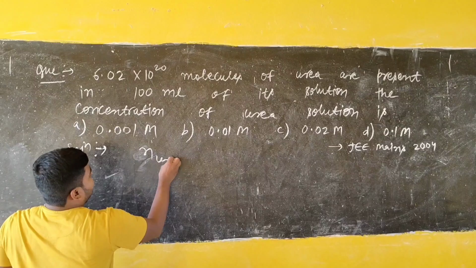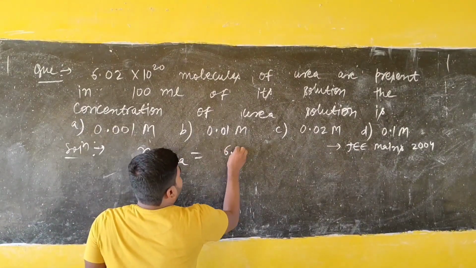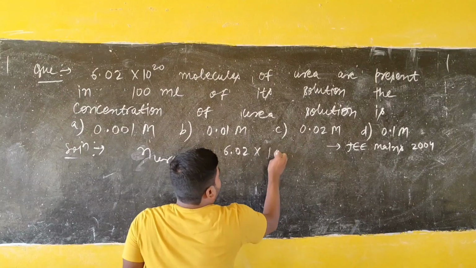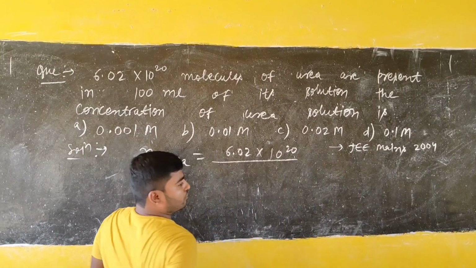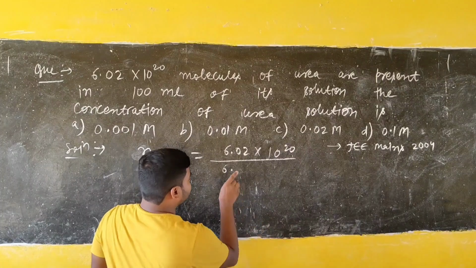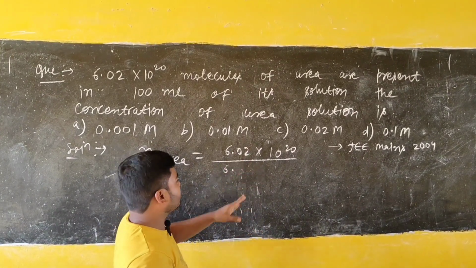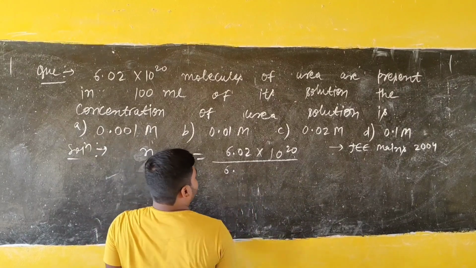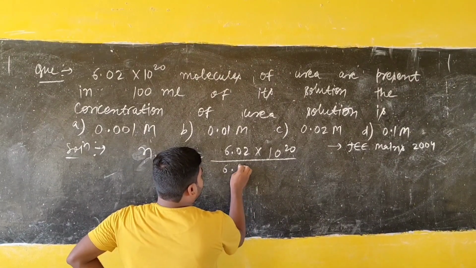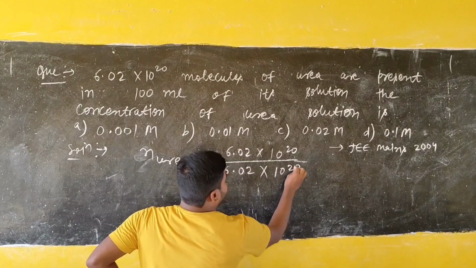So n of urea is equal to the number of molecules, which is already given, 6.02 into 10 to the power 20, divided by the Avogadro constant. We know the value is 6.022 into 10 to the power 23, but we will take 6.02 because that is approximately the same. So to get the easiest possible number, we'll write the value as 6.02 into 10 to the power 23.